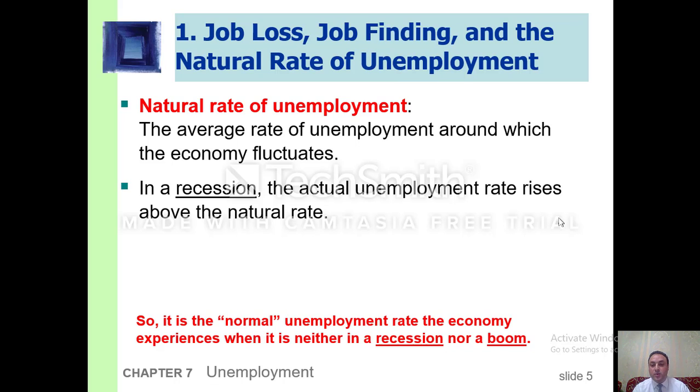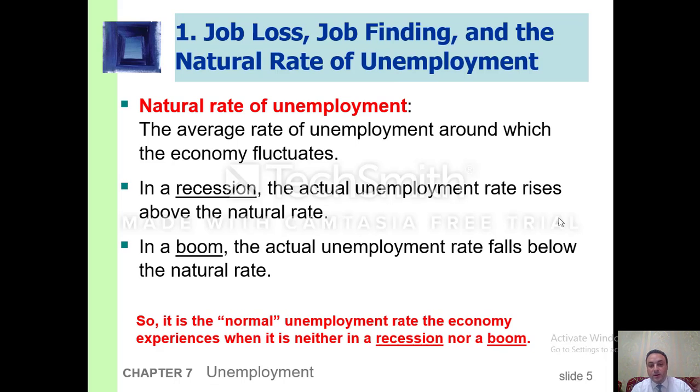We know a recession is when the growth rate declines in the economy, so there is less production and less employment. So in this case, the actual unemployment rate rises above the natural rate. If the natural rate is 5%, in a recession it will be, for example, 9%.